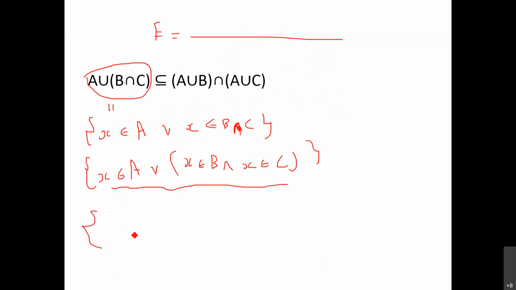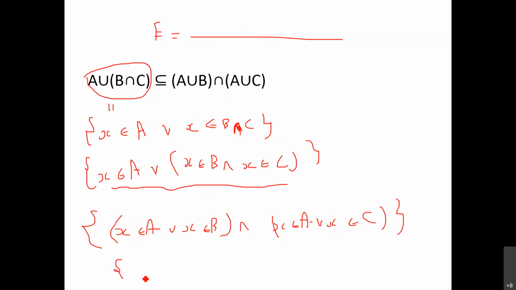So we could say here, okay, X belongs to A or X belongs to B, and X belongs to A or it belongs to C. Finally, we just go back to the other thing, which is, so now X belongs to A or B, and X belongs to A or C, and you're done.